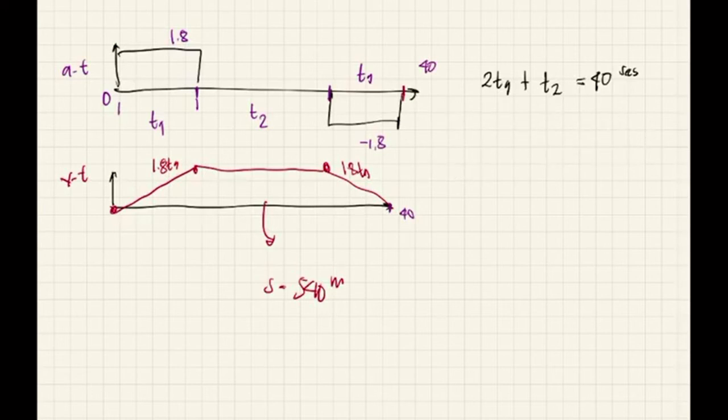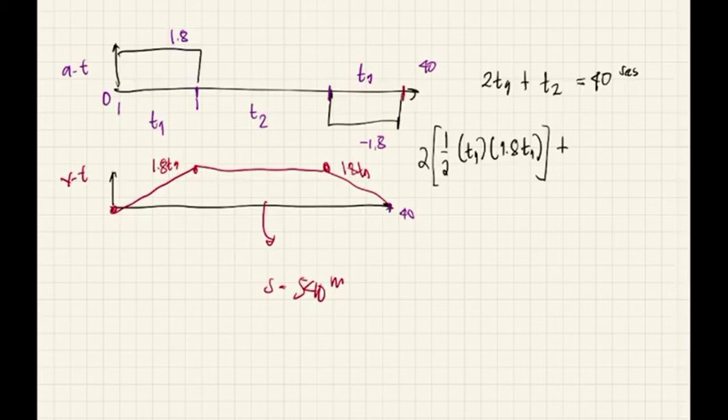Ang area ng triangle ay, so 1/2. Ang kanyang base ay t sub 1. Ang kanyang height ay 1.8 t sub 1 pala. Tapos, dalawa yan. Plus, tuloy na lang natin.